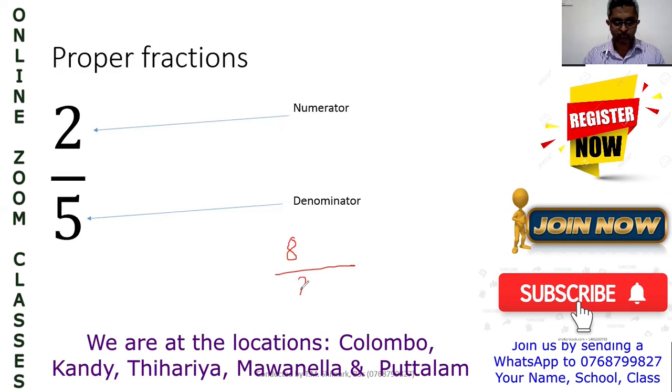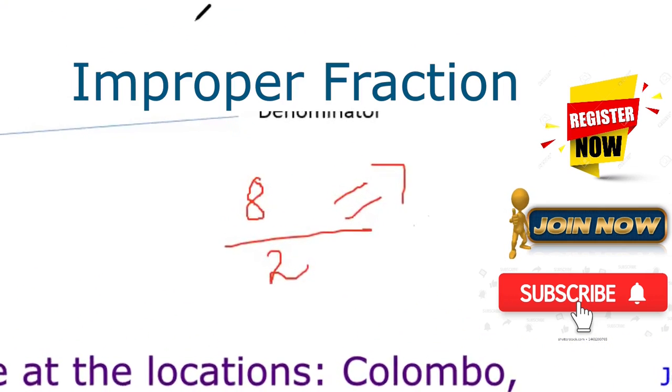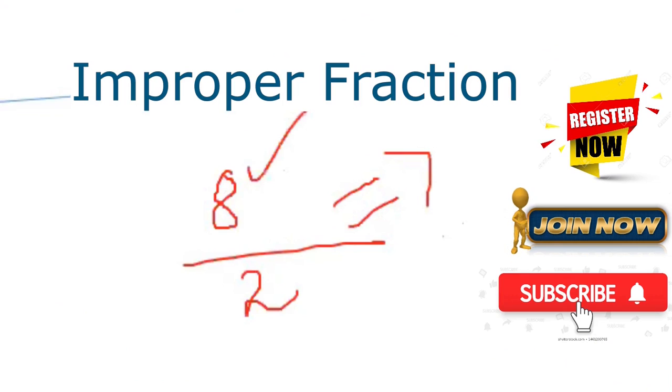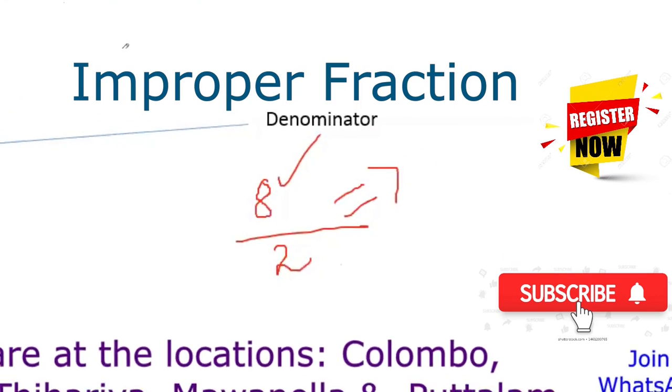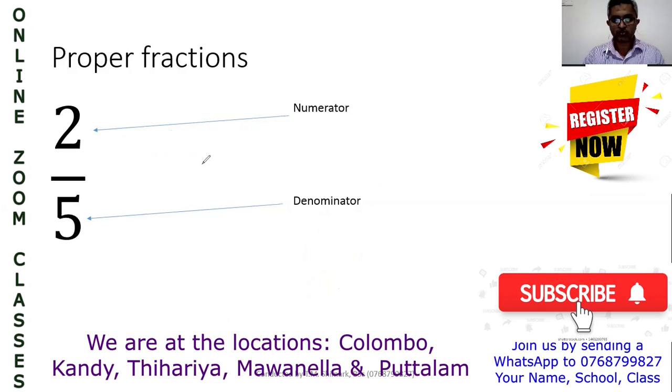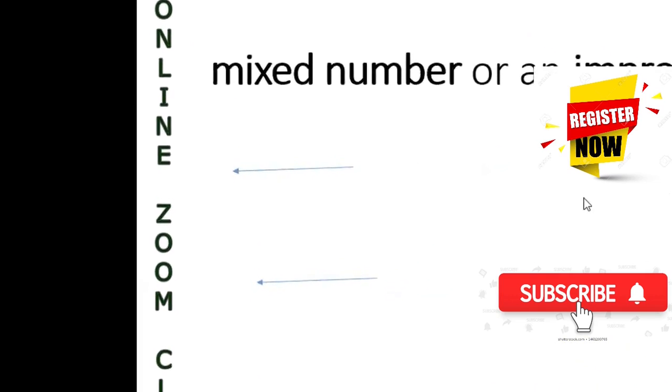8 by 2. What is it? Is it an improper fraction, sir? Right, improper fraction, because the numerator is bigger here. The numerator should be smaller than the denominator for a proper fraction. So you have done that. Mixed numbers or improper fractions.